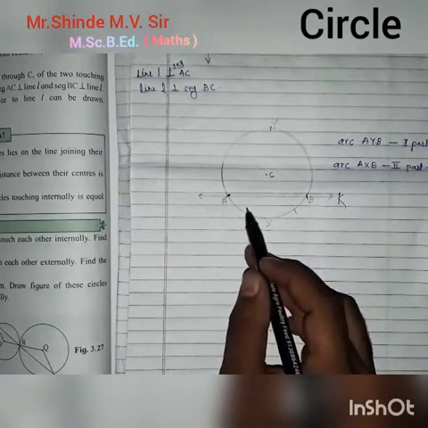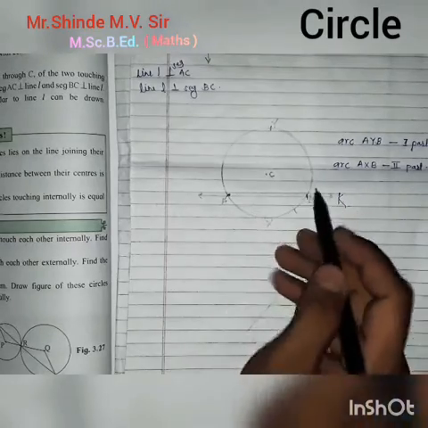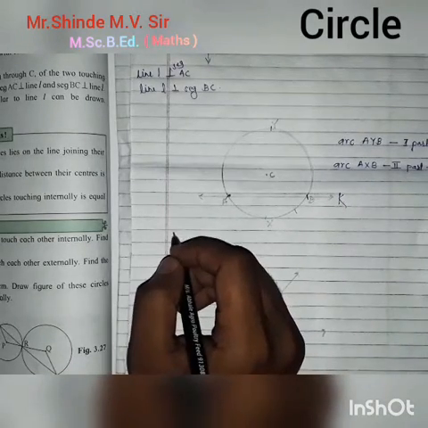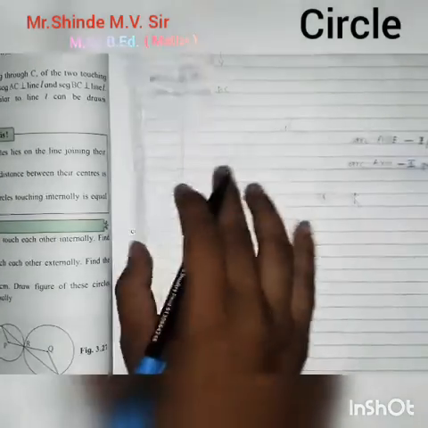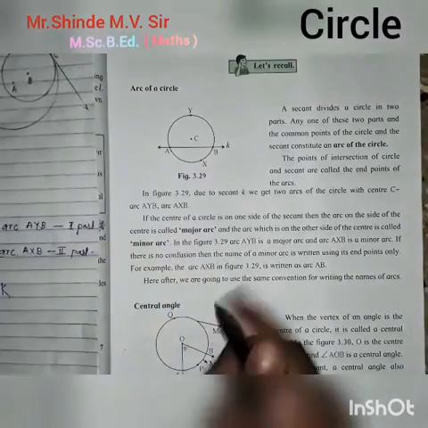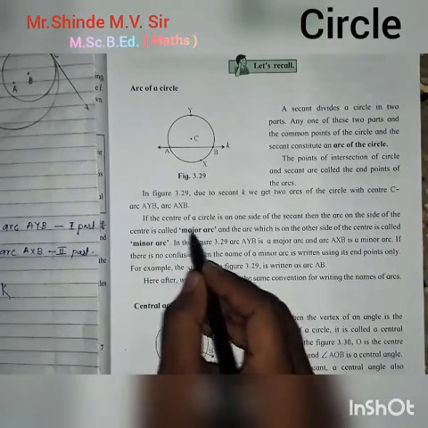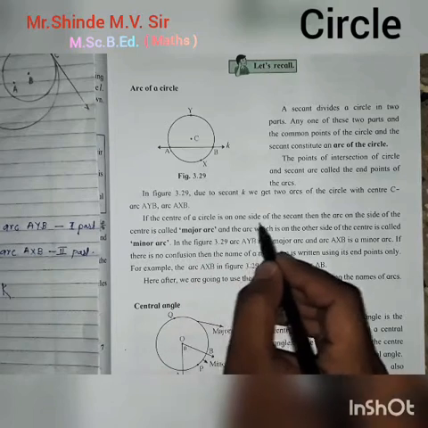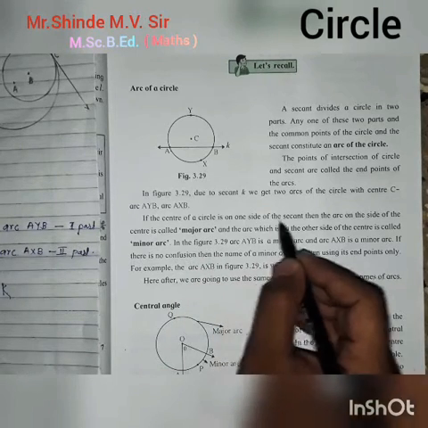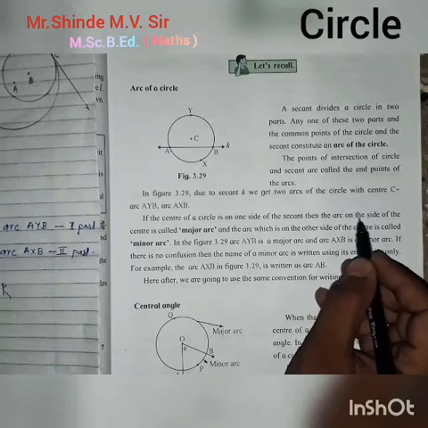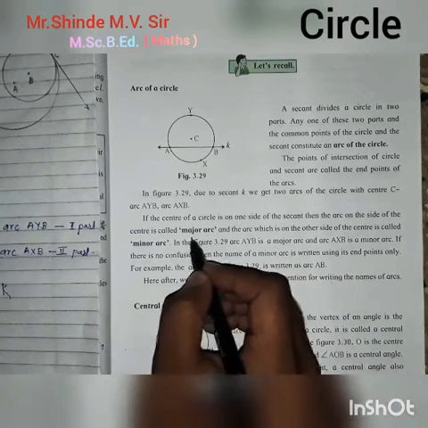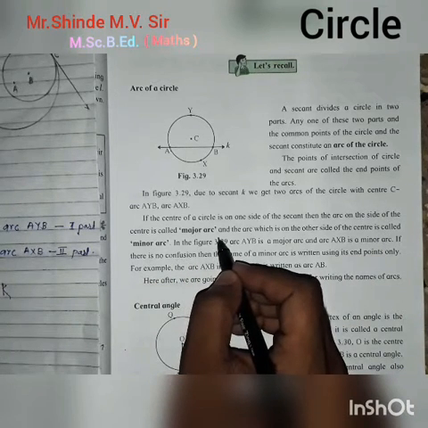Understood? Observing this figure, is AYB the major or minor part? If the center of the circle is on one side of the secant, then the arc on the side of the center is called the major arc.